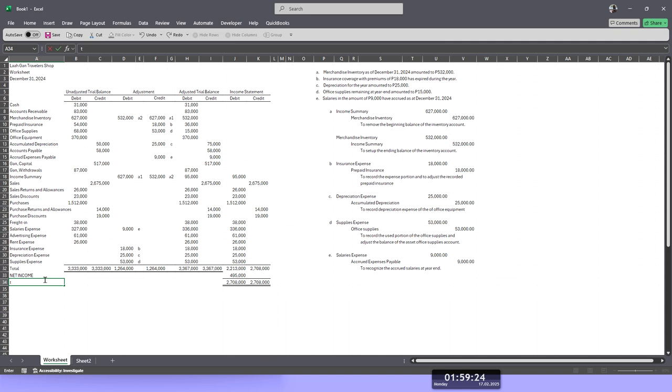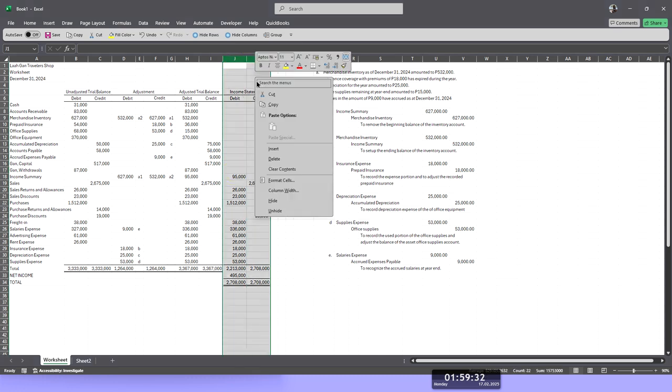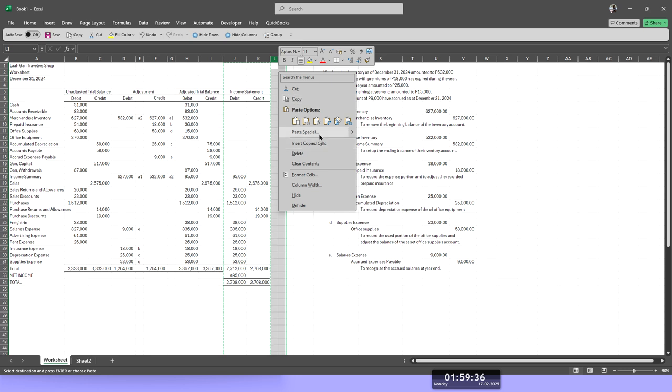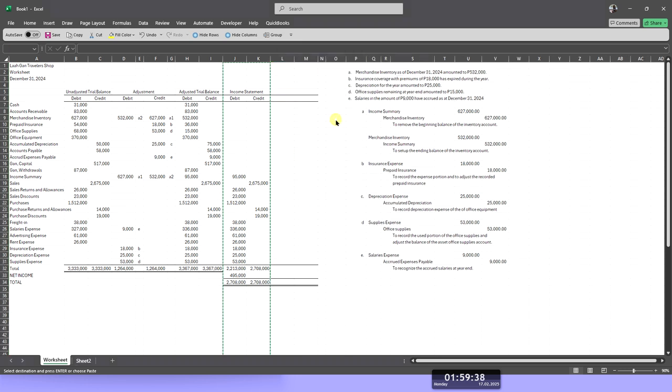So this is again total, and then lastly we have the balance sheet columns. Paste the formatting here, and this should be the balance sheet.